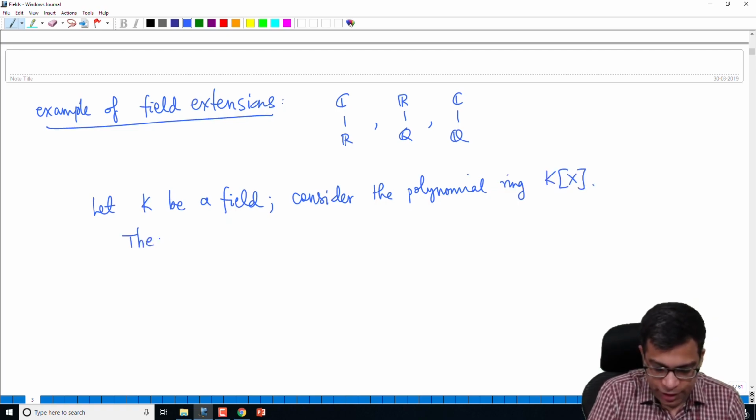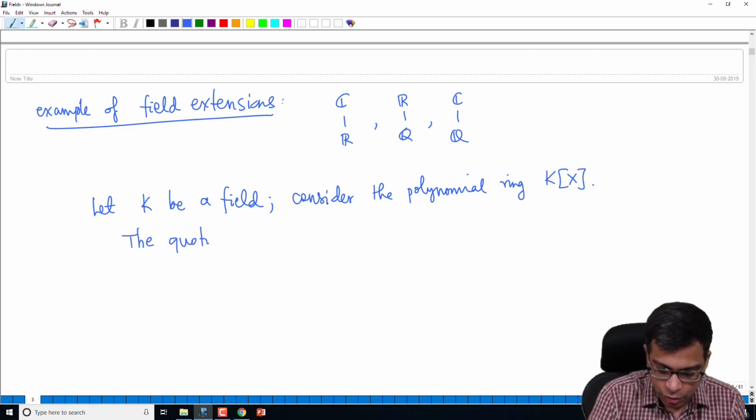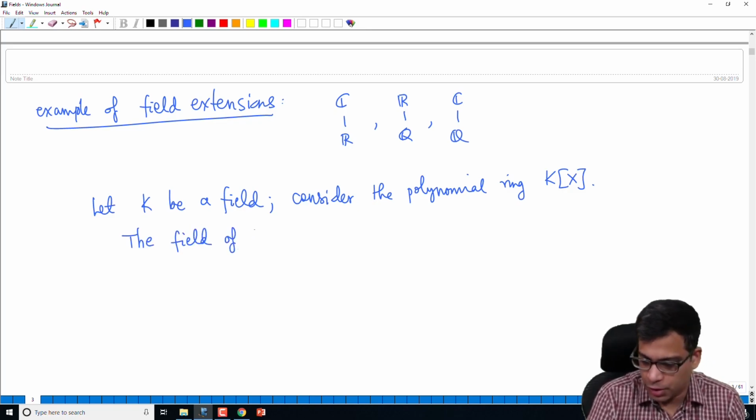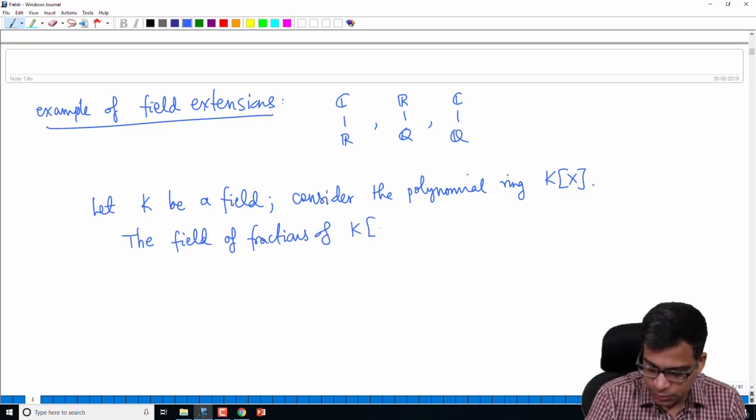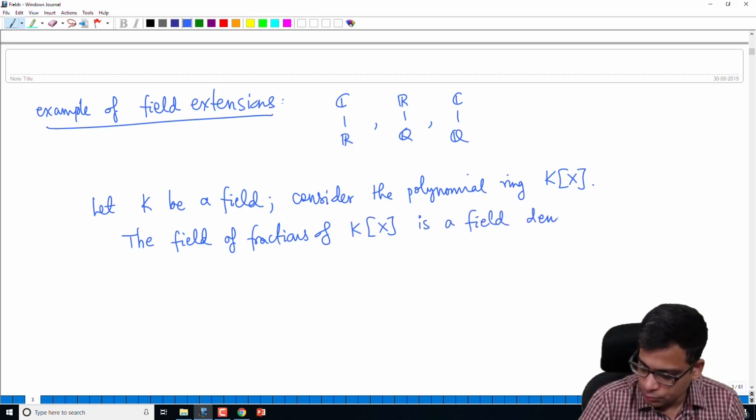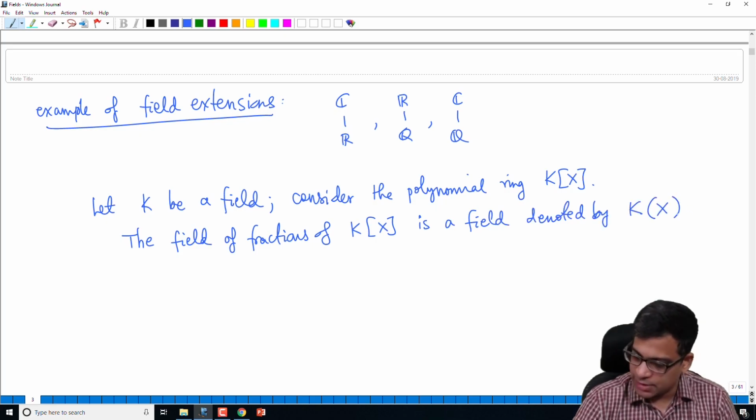The quotient field, or the field of fractions in the language I used in the earlier part of the course, the field of fractions of K[x] is denoted by K(x).